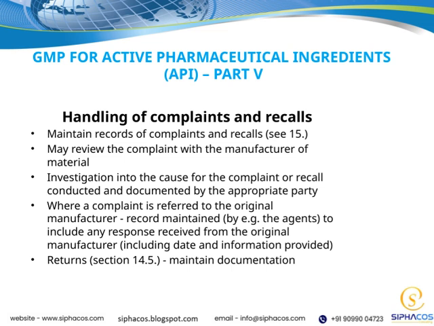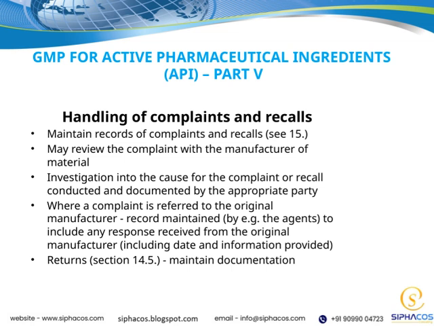When a complaint arises, we may review it directly with the manufacturer of the material involved. This collaborative review can help us understand the root cause more effectively. Any investigation into the cause of a complaint or a recall must be conducted thoroughly and properly documented by the responsible party. This ensures accountability and provides an audit trail for future reference.